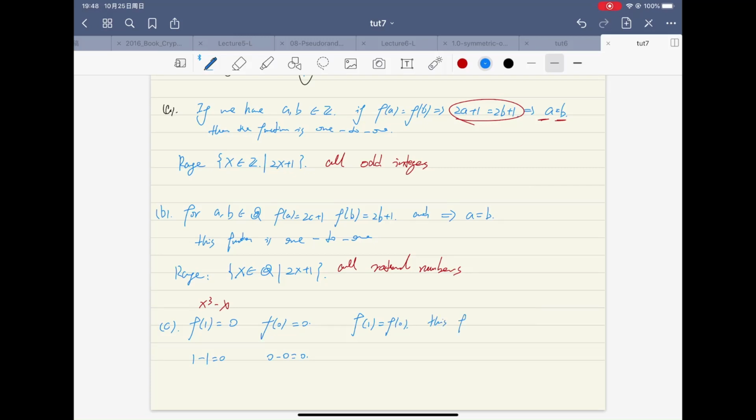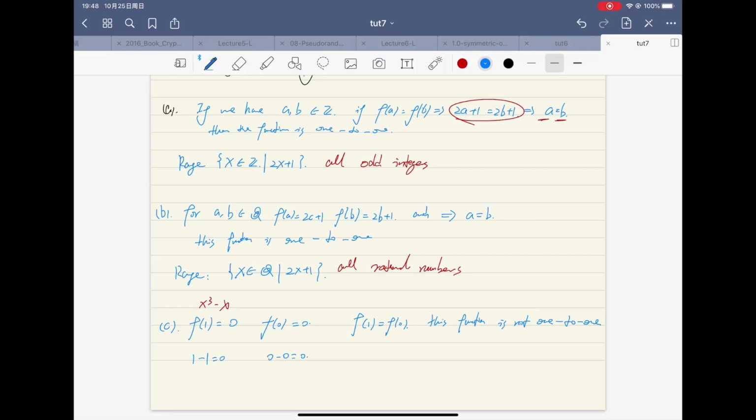This function is not one-to-one, right? Because if the function is one-to-one, no two different elements in the domain have the same element in the range. But in this case, we have f(1) equals f(0).